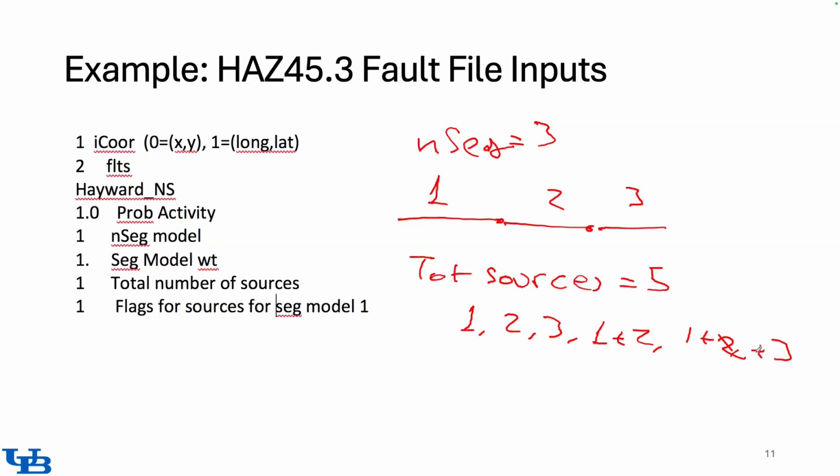So the way that you will codify this is that you will say the total number of sources is 5, and then you will say the first source is 1, 0, 0, the second is 0, 1, 0, then you have 0, 0, 1, and then you have 1, 1, 0, and 1, 1, 1. So these are the segments that are activated in each source that you want to evaluate.